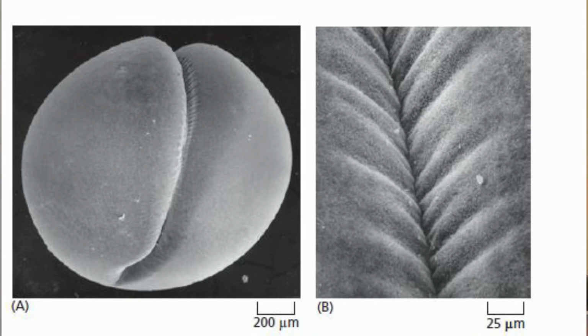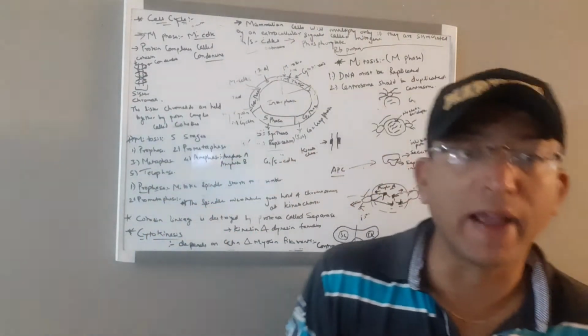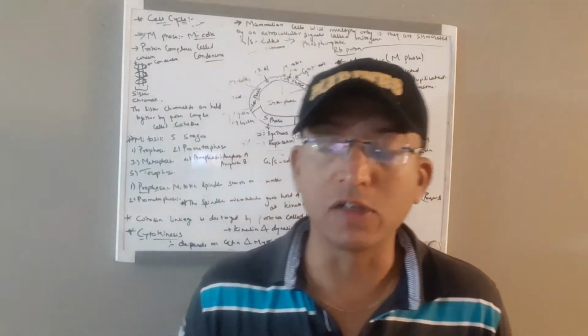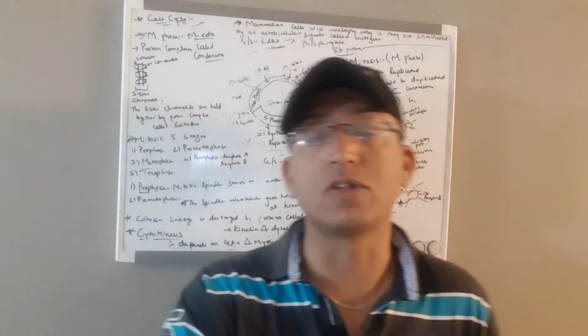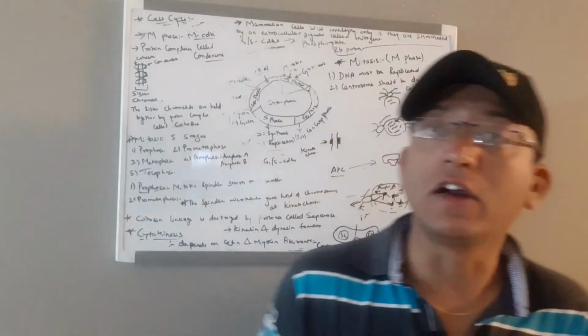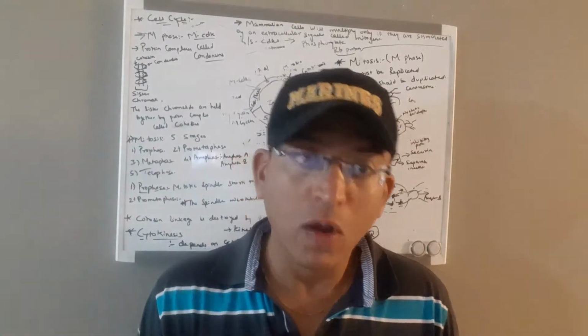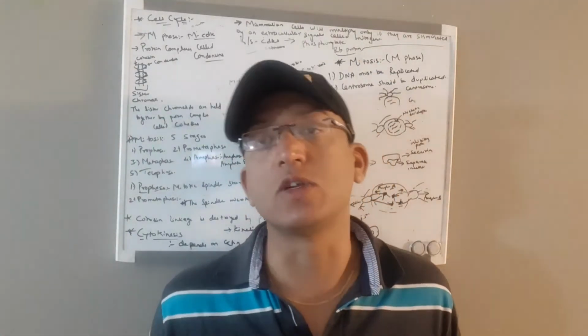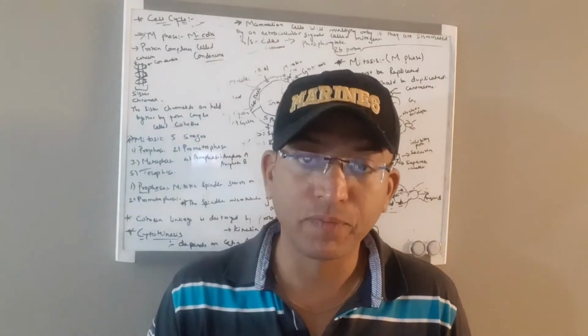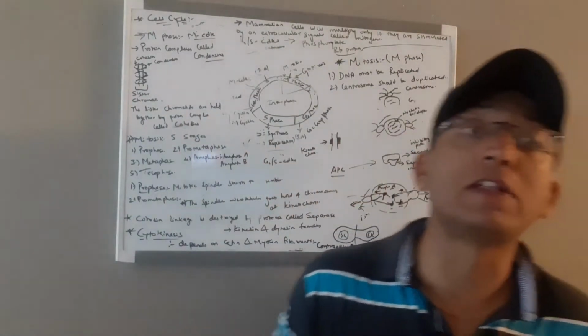The furrowing invariably occurs in a plane that runs perpendicular to the long axis of the mitotic spindle. This positioning ensures that the cleavage furrow cuts between the two groups of segregated chromosomes, so that each daughter cell receives an identical and complete set of chromosomes.